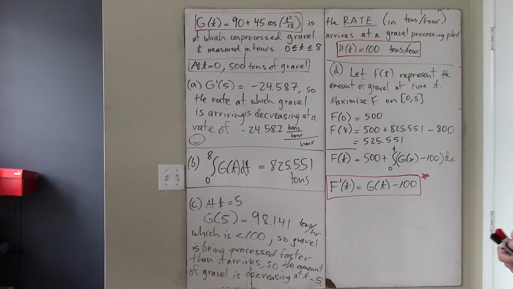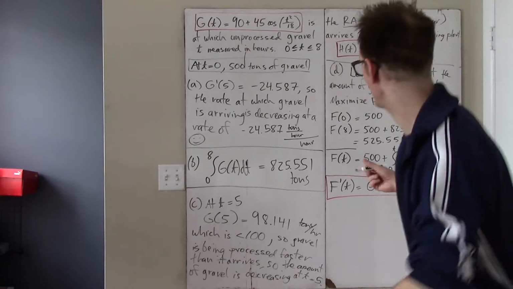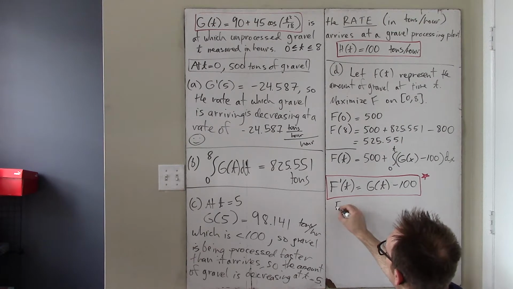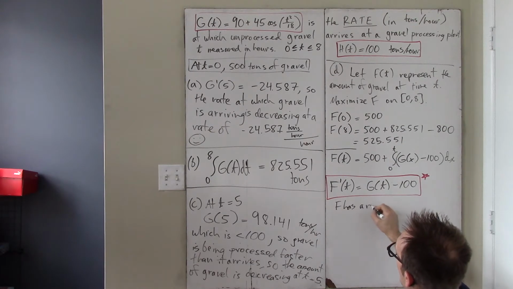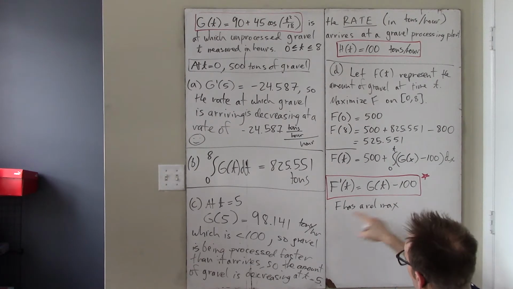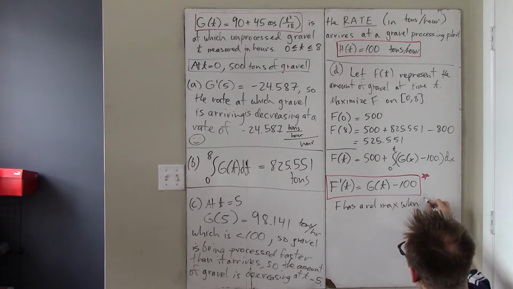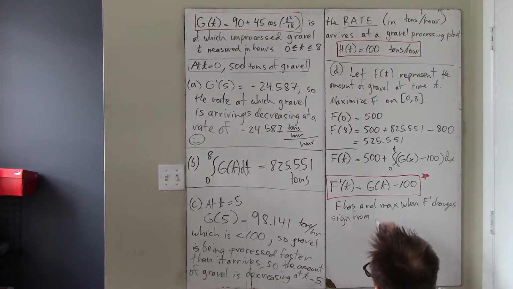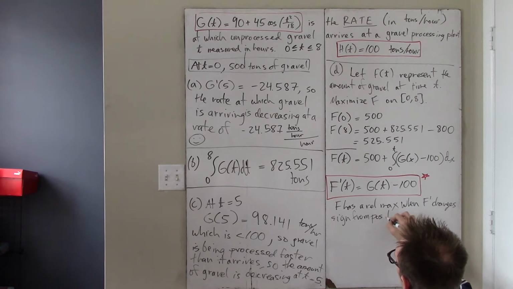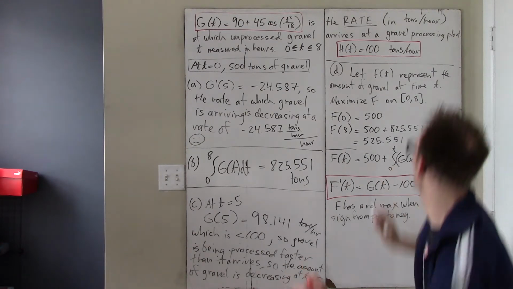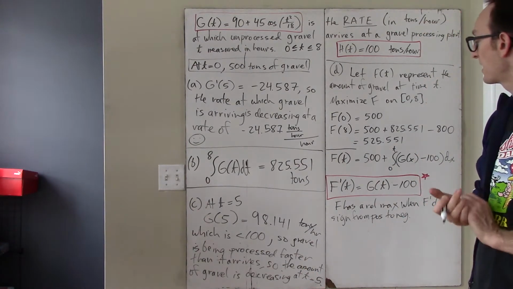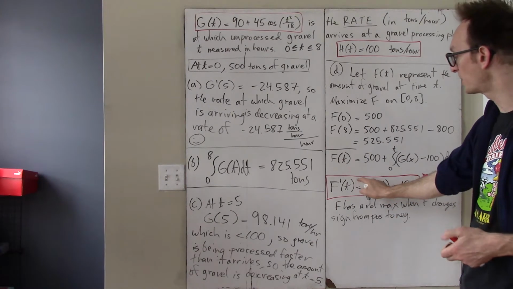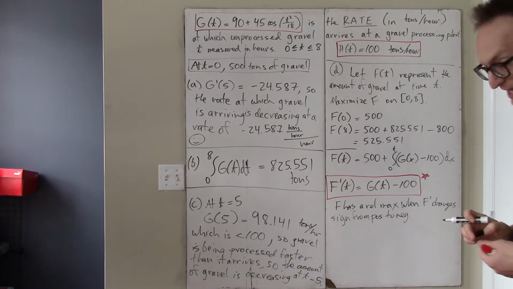And I'm looking for relative maxima, so now I can say f has a relative max when f prime changes sign from positive to negative. And so now I need to see when, if ever, this function changes sign from positive to negative.